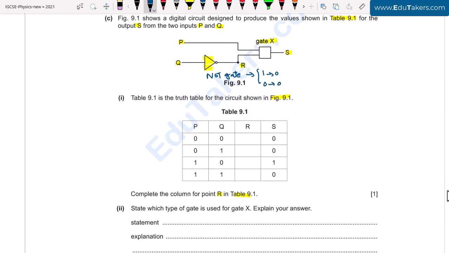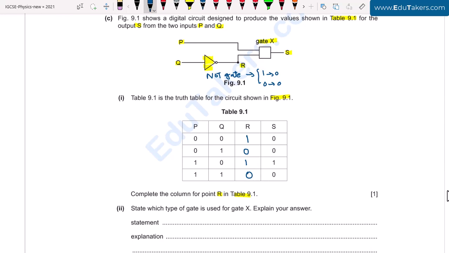It is the gate of conversion. So when the input is 0, I write here output is 1, and when input is 1, output will be 0, and it is 1 and 0. In the last there will be output 0 because input is 1.